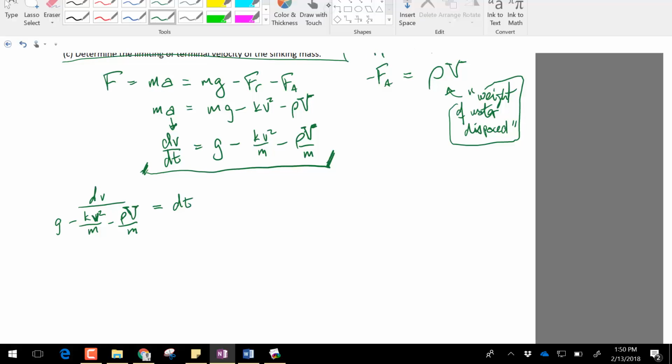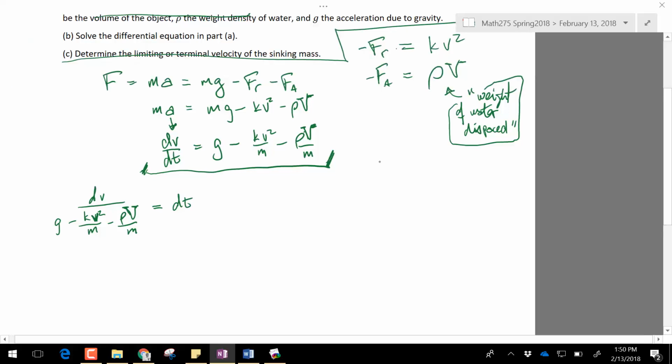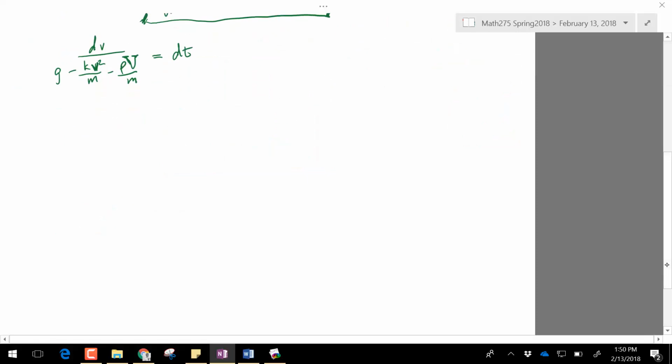So let's spend a little bit of time making this integral look nice for us. Let's see. We can put it all under one denominator first.